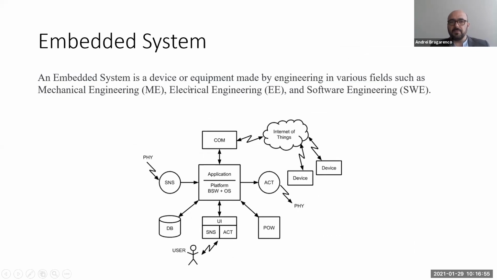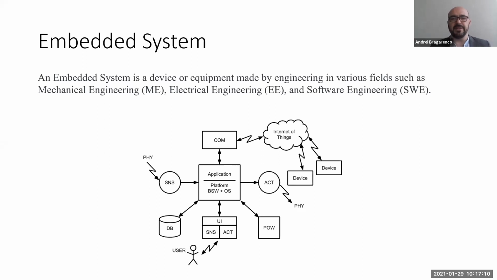Now, an embedded system. If you have a single device, or from the point of view of only one device or even the whole system, we can have some group of components.